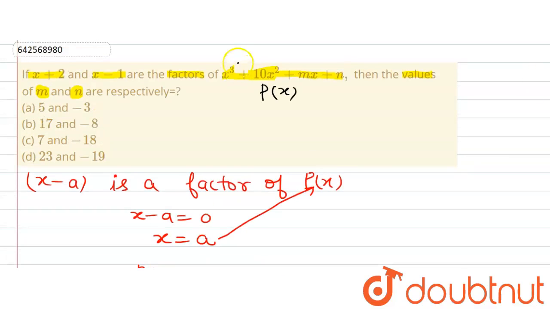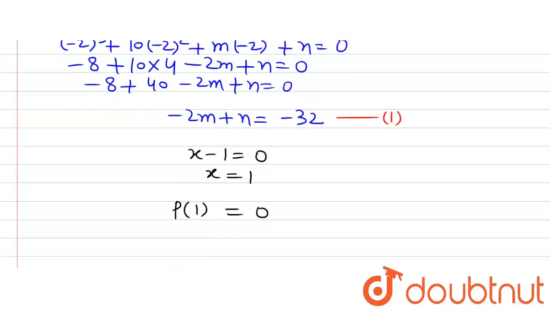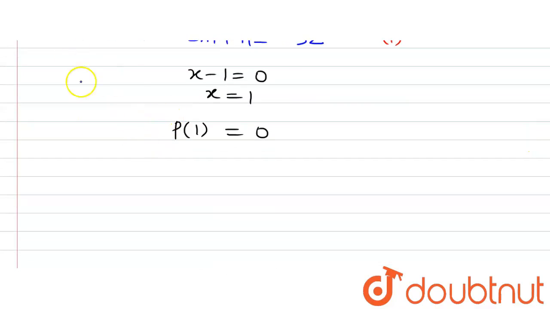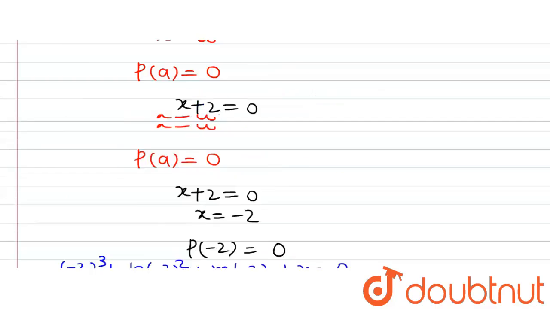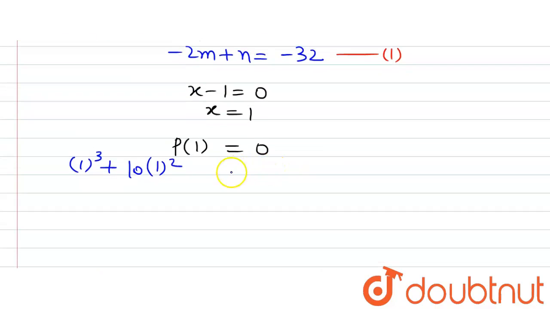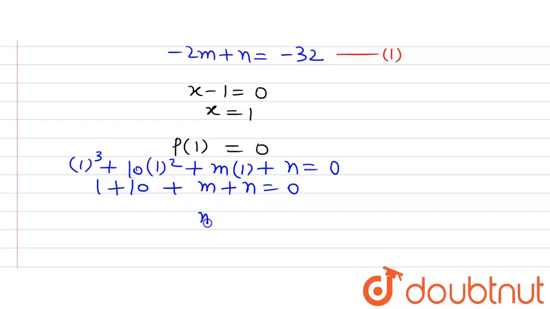Now putting x equal to 1 in the polynomial, we will get 1 raised to the power 3 plus 10 times 1 raised to the power 2 plus m times 1 plus n is equal to 0. Now this will give us 1 plus 10 plus m plus n is equal to 0, which will be equal to m plus n is equal to minus 11, because 10 plus 1 is 11. Let's name this as equation 2.